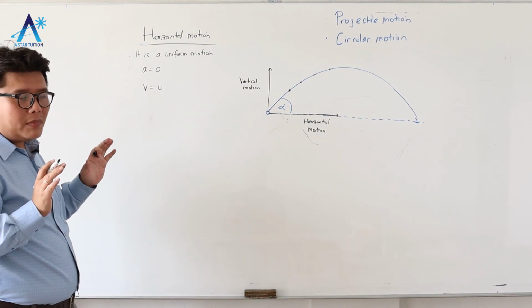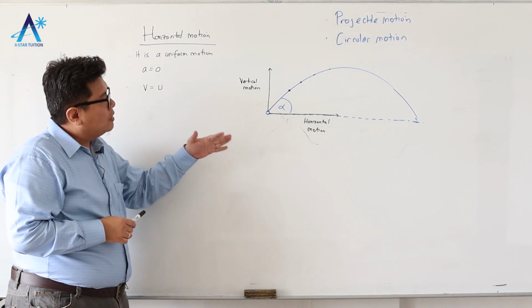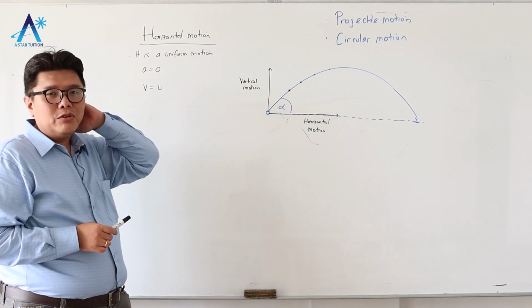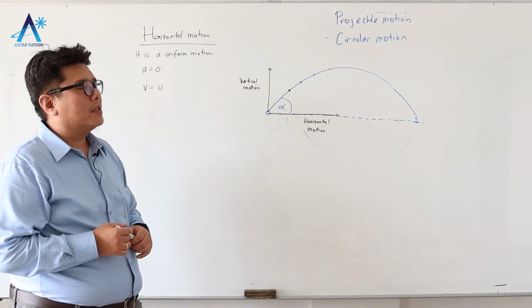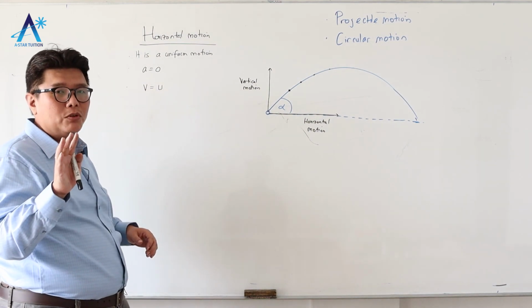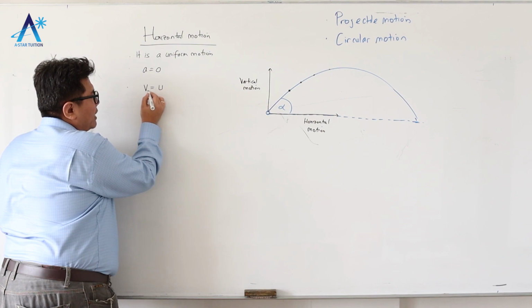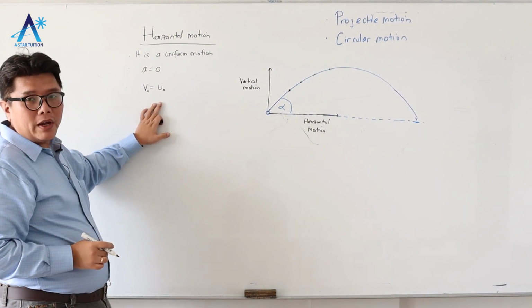Now, please understand that because we will have two components, the vertical and the horizontal, it is very customary for us to use a subscript to distinguish between those two variables. So here let me write down a subscript of x. Vx equals ux. What does it mean?